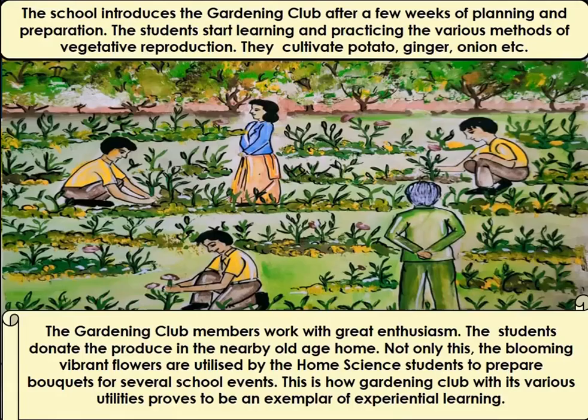The students donate the produce in the nearby old age home. Not only this, the blooming, vibrant flowers are utilized by the home sciences students to prepare bouquets for several school events. This is how the Gardening Club, with its various utilities, proves to be an exemplar of experiential learning.